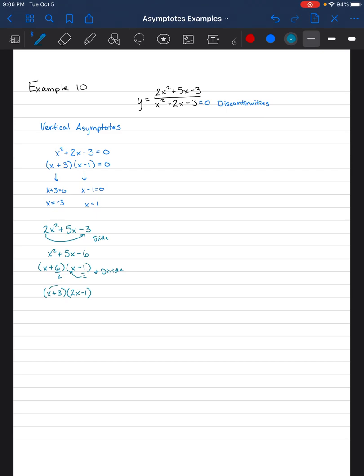So I'll check. x times 2x makes 2x squared. We've got 3 times 2x, which makes 6x, and negative 1 times x, which makes negative 1x. If I add 6x minus 1x, I get 5x. Then we'll check the last number: positive 3 times negative 1 gives me negative 3. So that checks out.